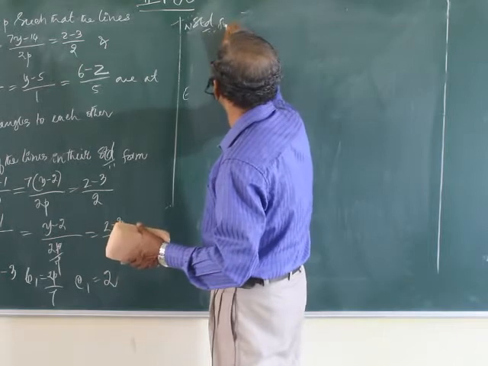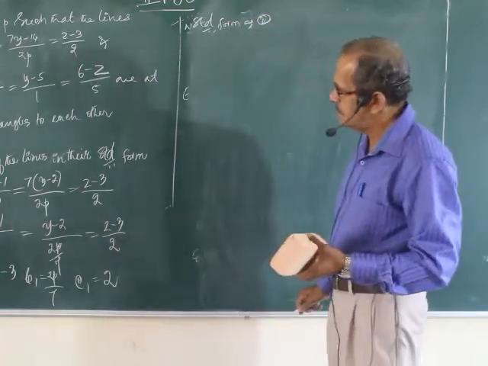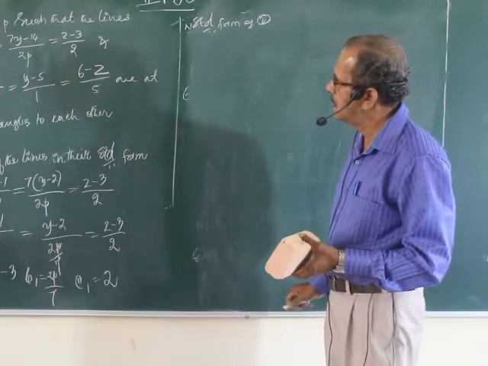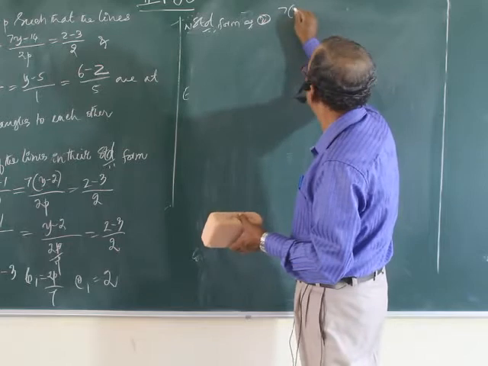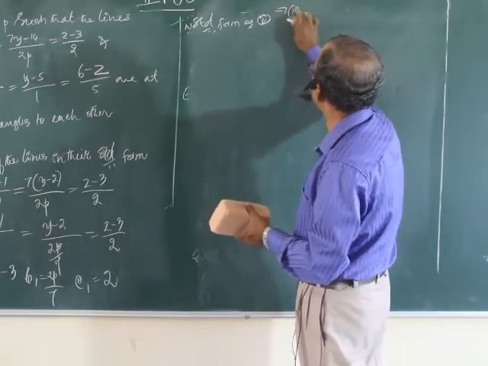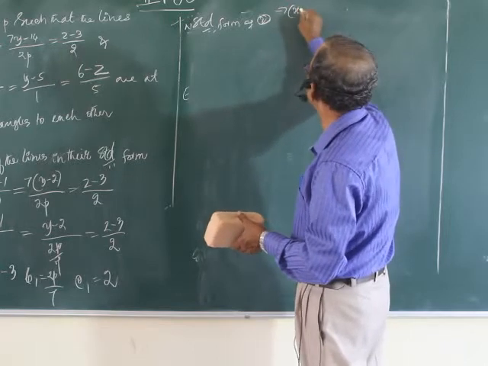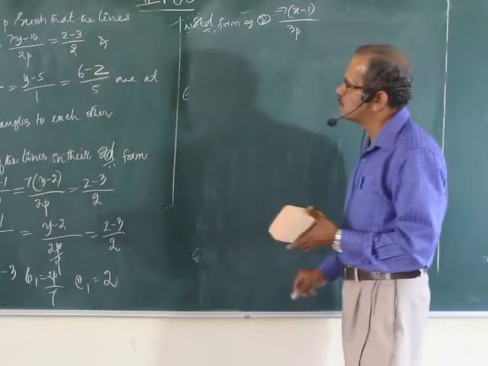Tell me. The 7 should be taken outside: minus 7 should be taken outside. It becomes x minus 1, verify it, divided by 3p.